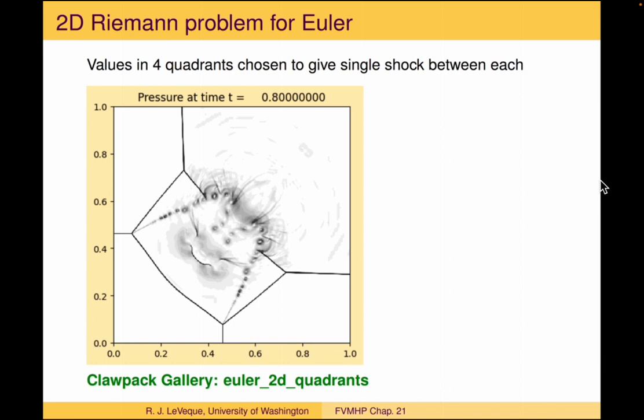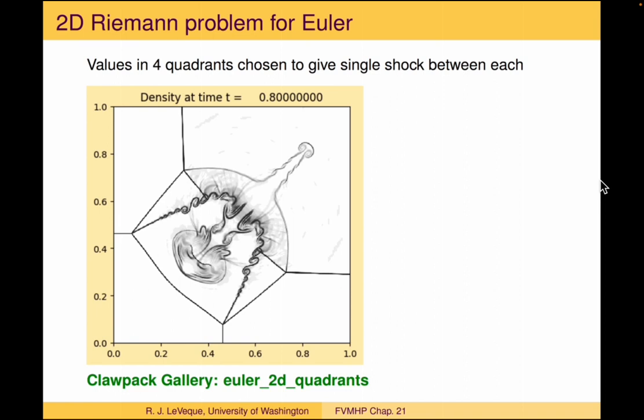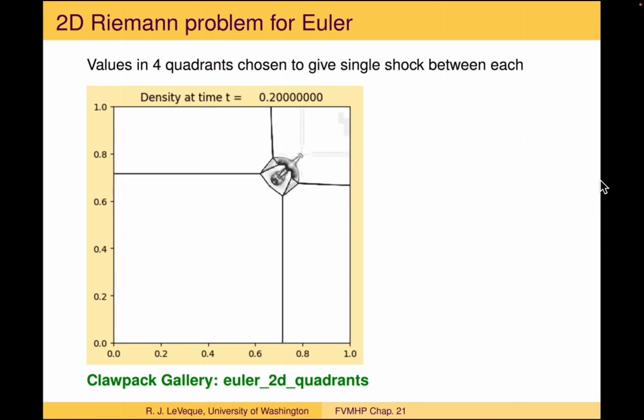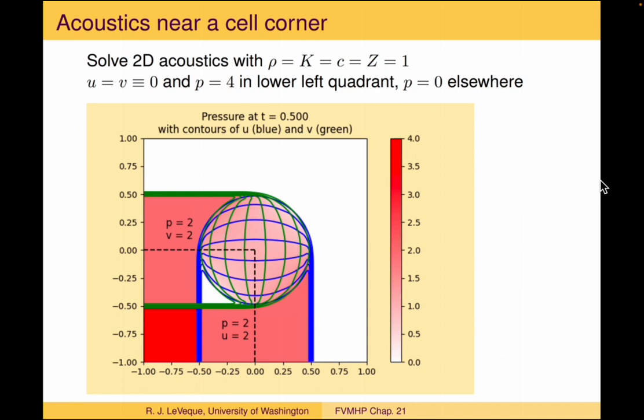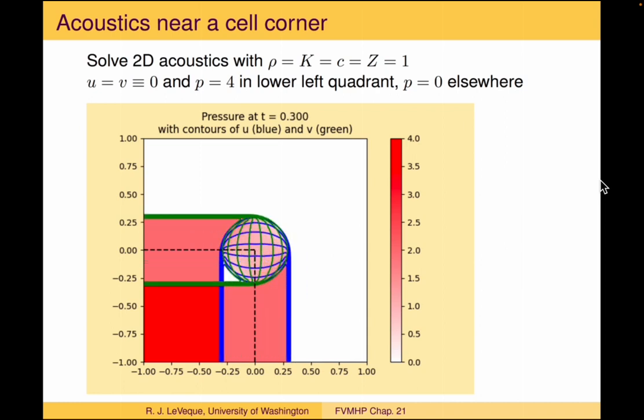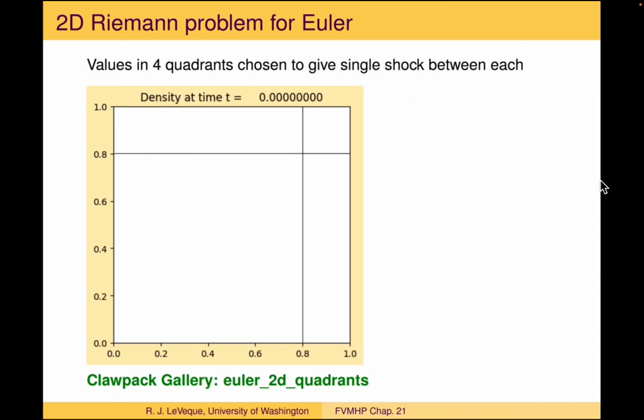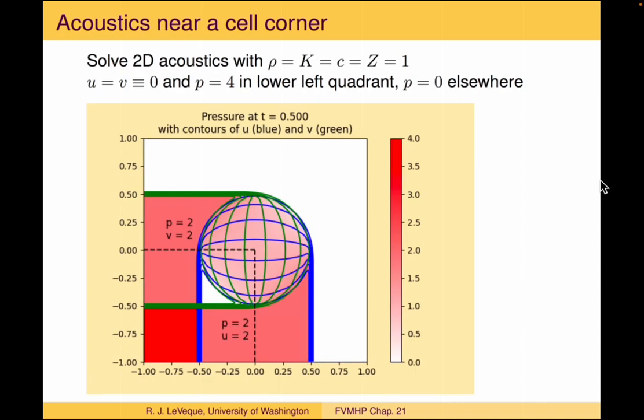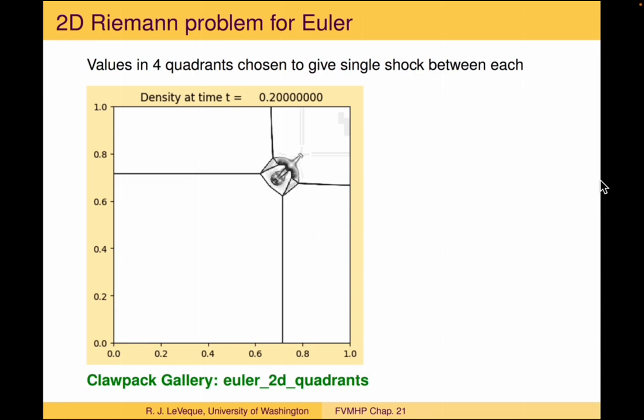So that's just one example of how complicated these solutions can look. In both of these cases, this one and the one we looked at here, the exact solution has the property that it's self-similar in time. As time advances, it's really the same pattern just expanding outwards. And that should be true here too, that you should see exactly the same figure.